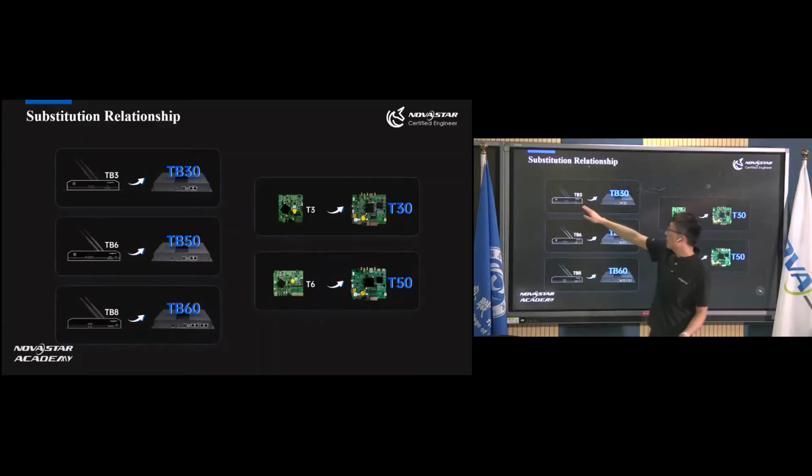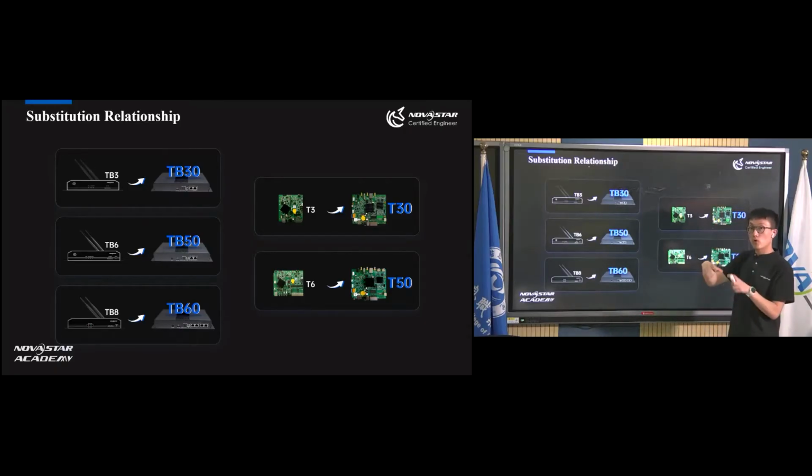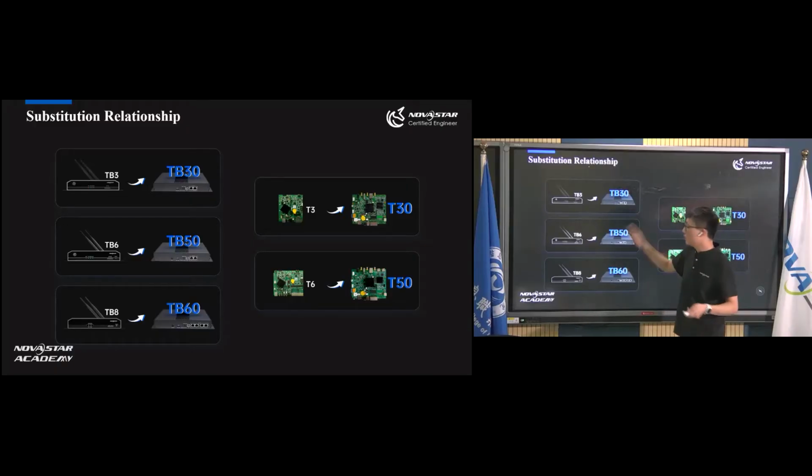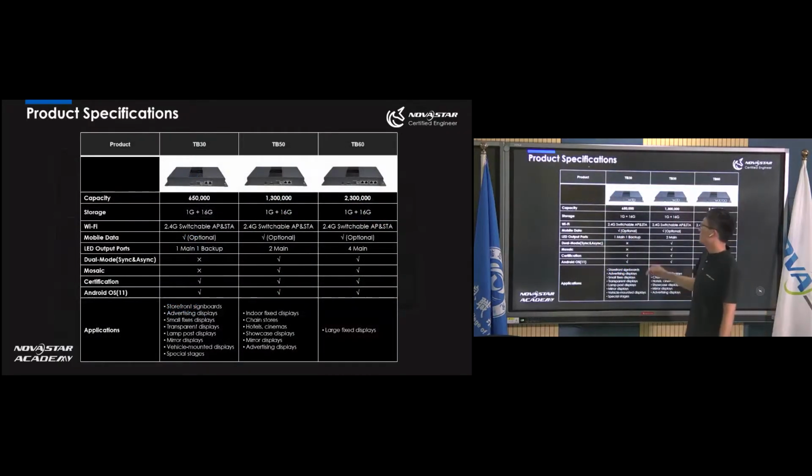The TB3 equals the TB30, and TB6 equals TB15, and so on. And we also provide a without-case, without-box version like this, the T30. And then you have our new structure, our new product.